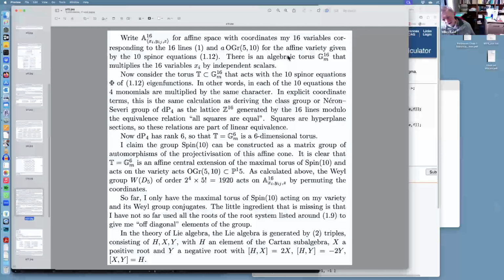Yes? So how do I get that? First of all, I take the biggest torus you can imagine. I'm just thinking of this 16-dimensional affine space in a trivial way as a toric variety. So it has a big algebraic torus that multiplies the 16 variables by independent, non-zero scalars. By the way, I should have told you, I'm writing this GM for the multiplicative group.